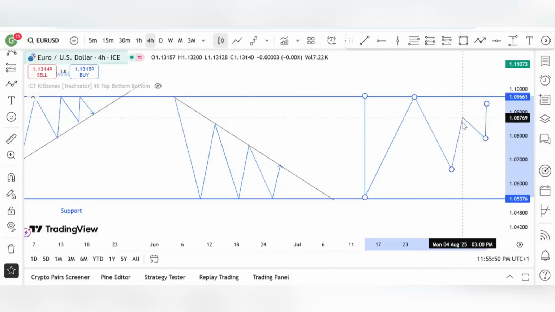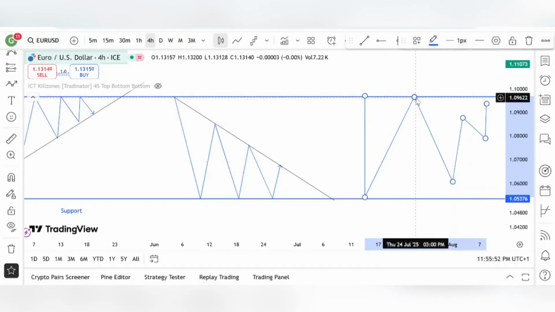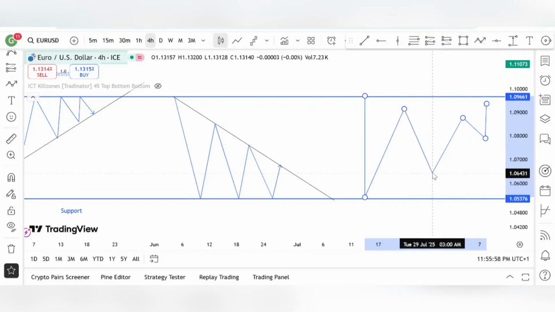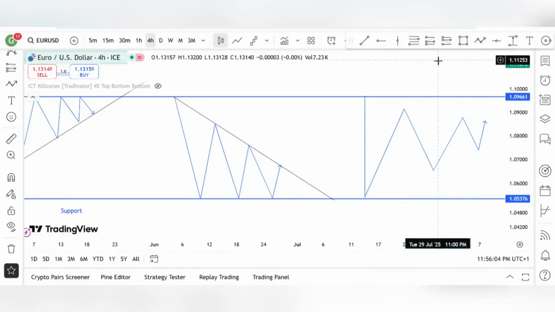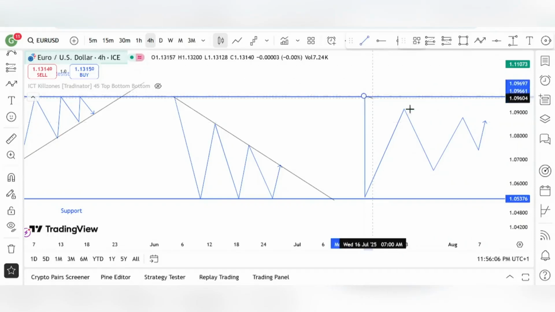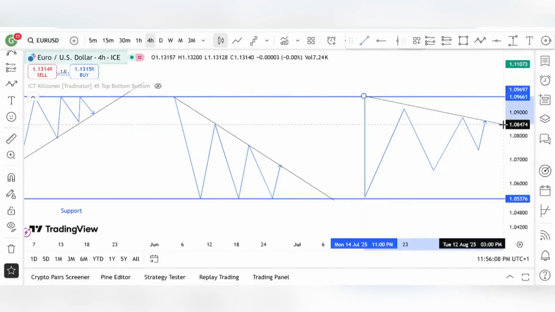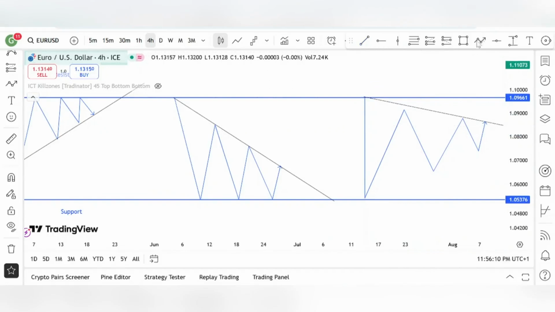Okay, so let me make this. All right, so just stay with me now. So what can you see? You can see that this one is symmetrical.